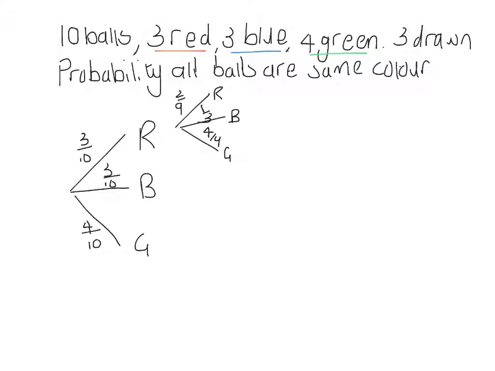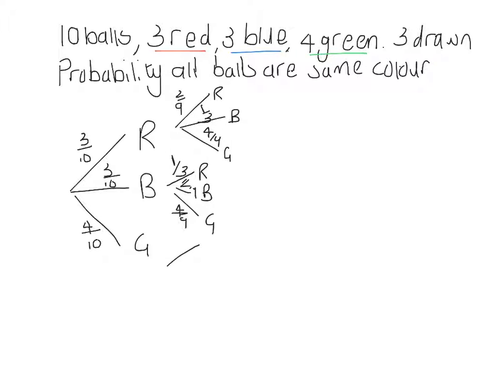If you pull a blue ball first, then you would have a third remaining, 3/9 that it's going to be red, 2/9 that it's blue, or 4/9 that it's going to be green.